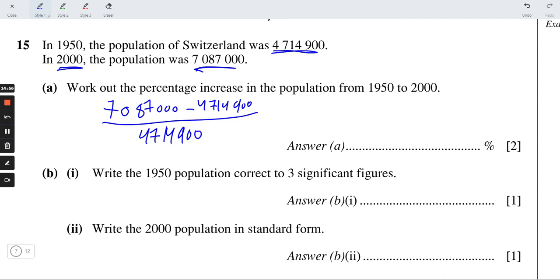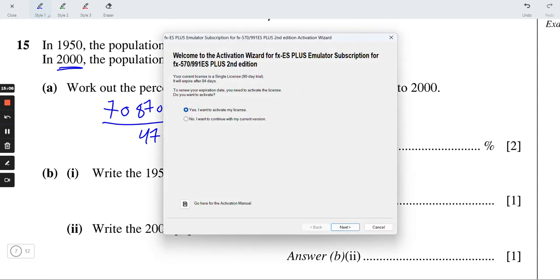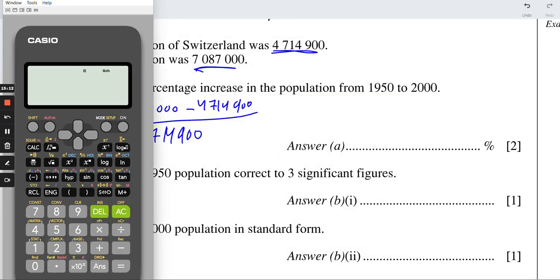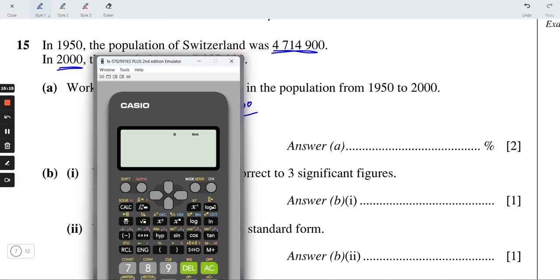So we need to work out a percentage increase. So now here we'll use our calculator, big numbers here.